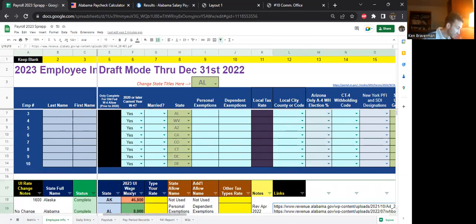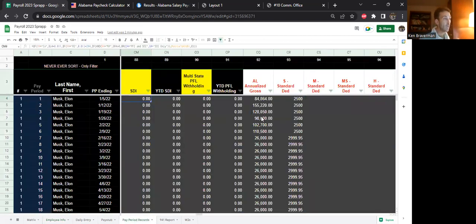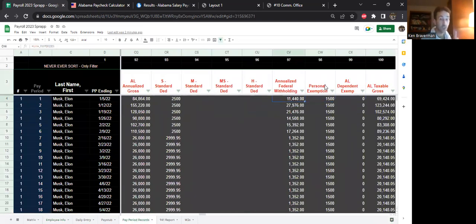Alabama is actually one of them. Alabama has your projected federal withholding as part of their formula when they figure out how much to withhold in Alabama. So it is absolutely dependent upon a final version of Publication 15, which is the federal tax rates, in order to have a correct Alabama withholding. So I was asked today about getting stuff ready for next year.